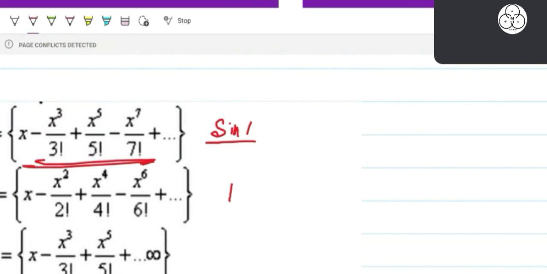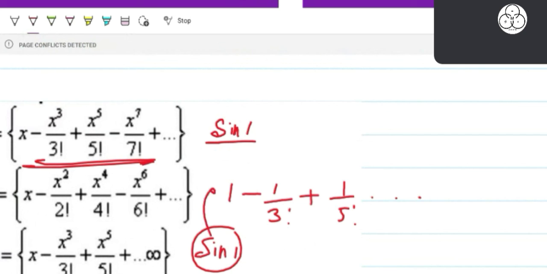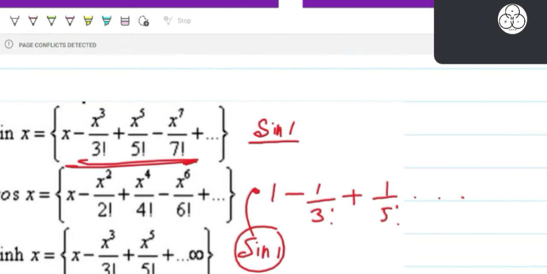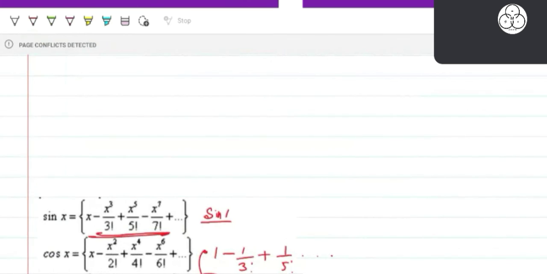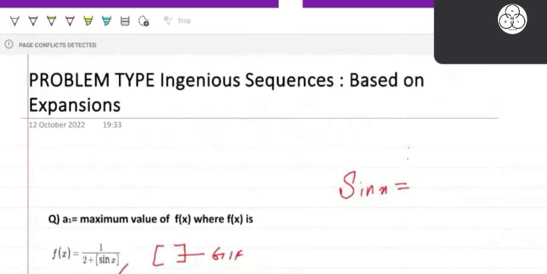If someone gives us 1 minus 1 over 3 factorial plus 1 over 5 factorial, continued, some will try telescoping, some will try this and that, but the answer is sine 1. So why can't we think in the reverse way? Because we haven't seen such kinds of problems before. Most of us haven't seen them. That was the motivation for this kind of problem series.